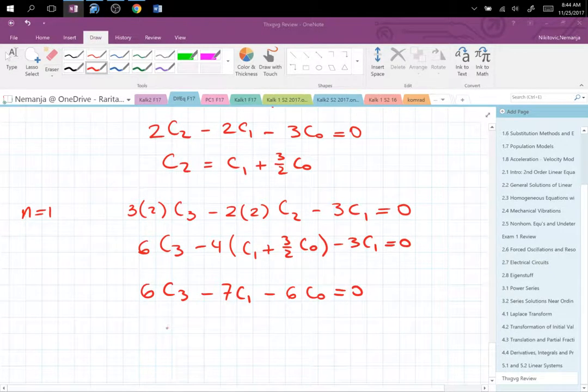When we divide by 6 everywhere, over here we divided by 2. Divide by 6, we get that c3 is equal to 7/6 c1 plus c0. So that's our c3.